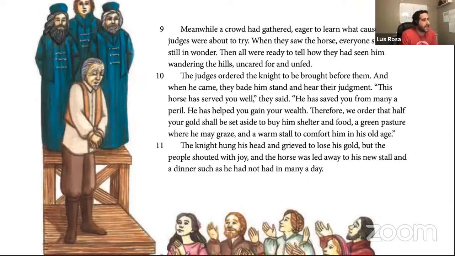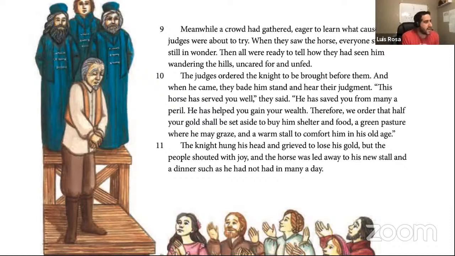Meanwhile, a crowd had gathered, eager to learn what cause the judges were about to try. When they saw the horse, everyone stood still in wonder. Then all were ready to tell how they had seen him wandering the hills, uncared for and unfed. The judges ordered the knight to be brought before them, and when he came, they bade him stand and hear their judgment.